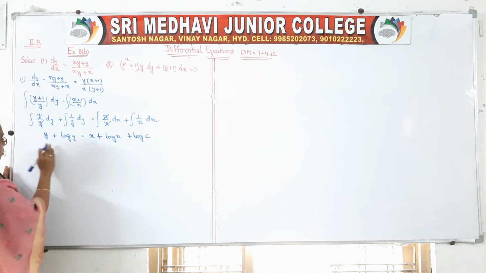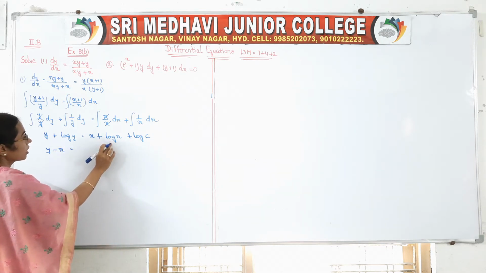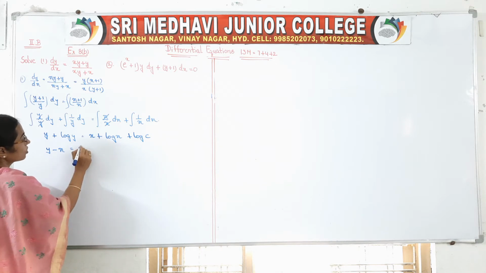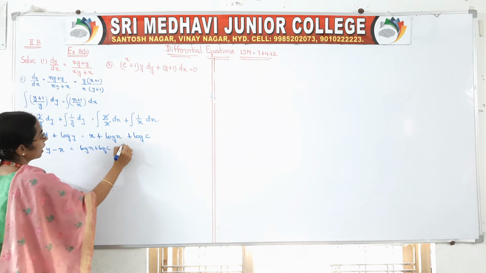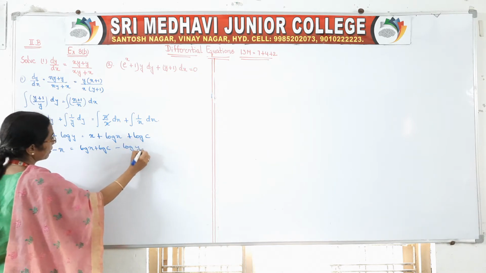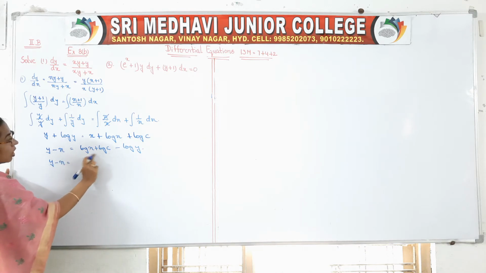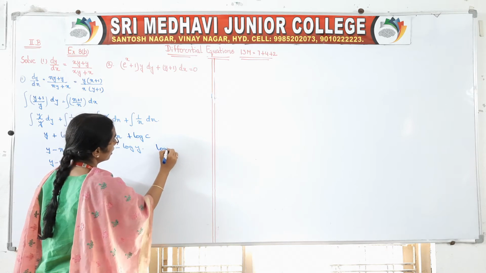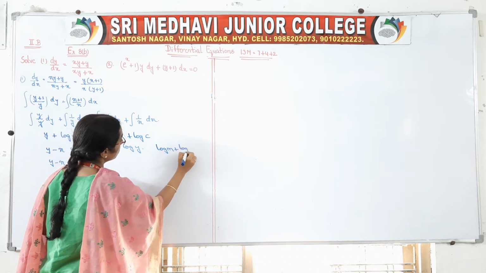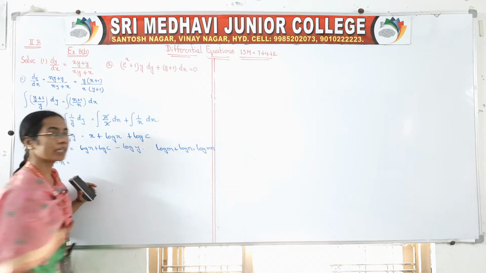Now, write normal terms together, y and minus x, and log terms together. So, here you are having which terms? Log x plus log c minus log y. Okay. So, y minus x is equal to, log m plus log n, right. There is one formula in logarithms, log m plus log n is equal to log m into n.